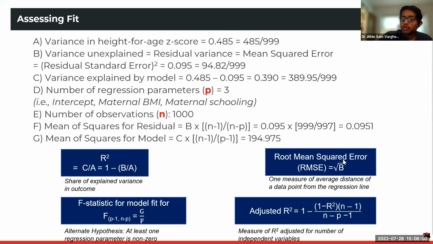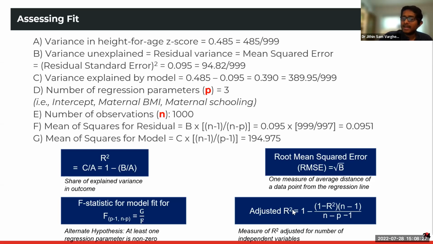Then there is the root mean squared error, which is the square root of your variance unexplained. The F statistic, which I mentioned for the overall model fit, tests the null hypothesis that all regression parameters are 0, or equivalently, the alternate hypothesis that at least one regression parameter is non-zero.